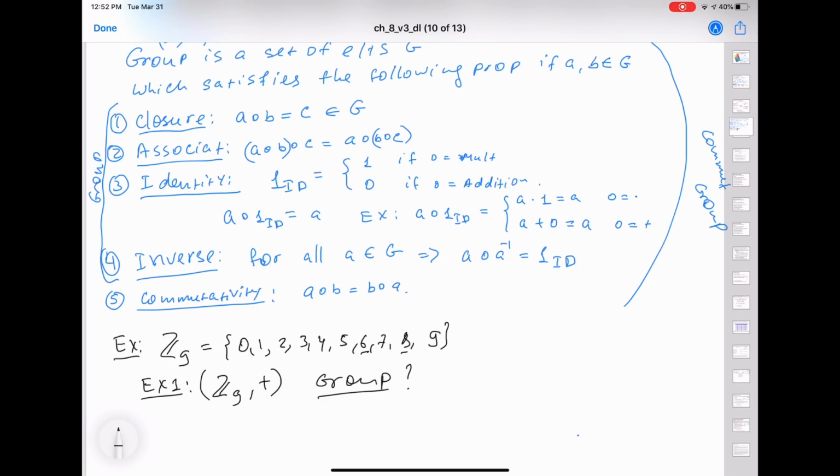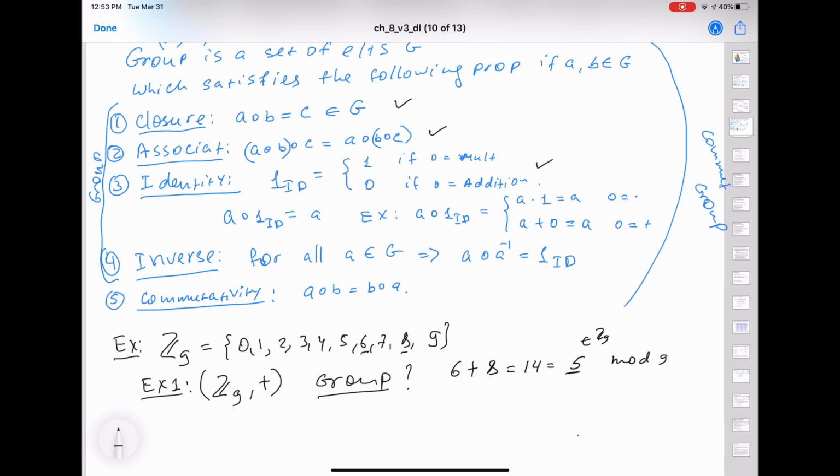And 14 modulo 9 is 5. Is this 5 inside of Z9? Yes, it is. So for any elements you do this with, closure is satisfied. Associativity for sure is satisfied.